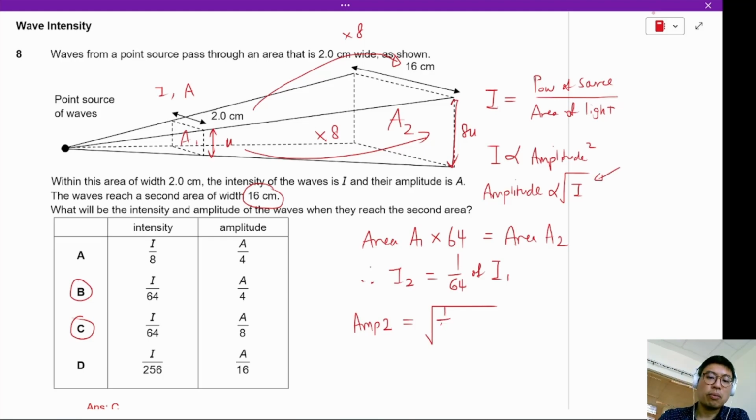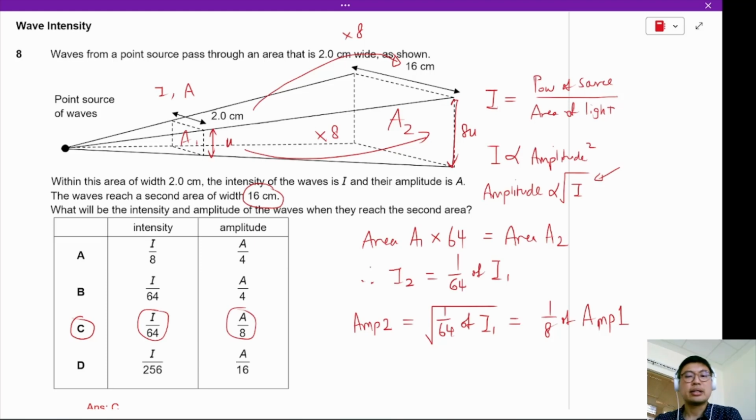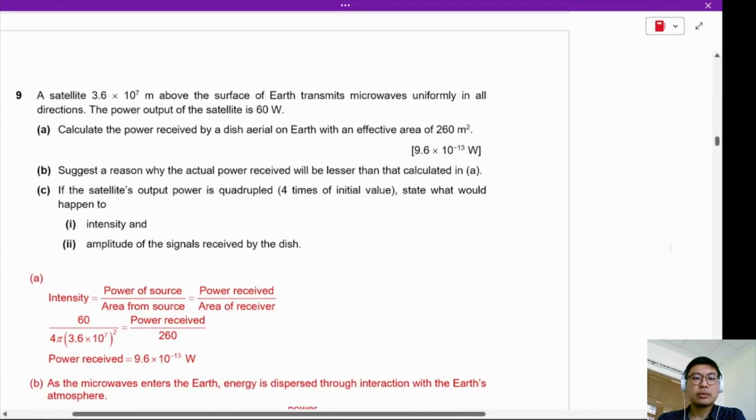Square root of 1/64 of the intensity I1 will be 1/8 of the amplitude A1. So that means the intensity is 1/64, the amplitude will be the square root of that. So the answer will be C. Amplitude is 1/8 and intensity will be 1/64. So that's question 8. Let's move on to question 9.